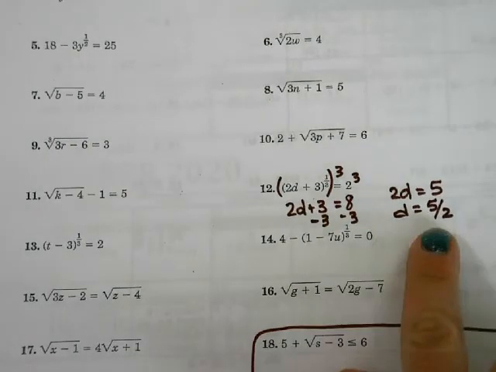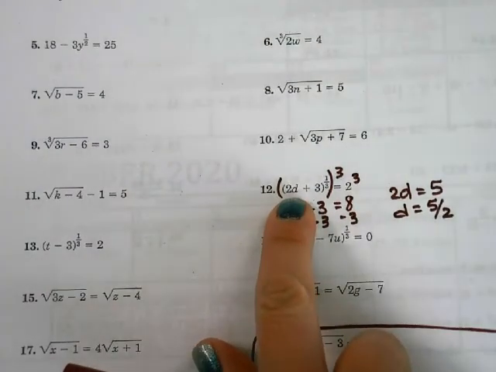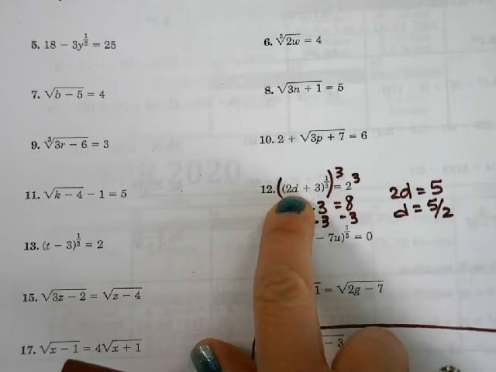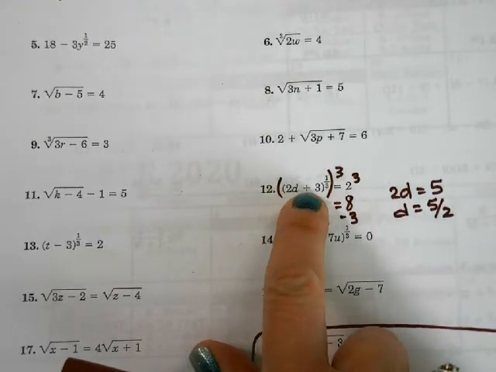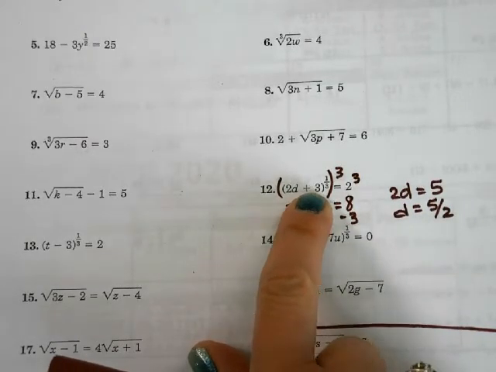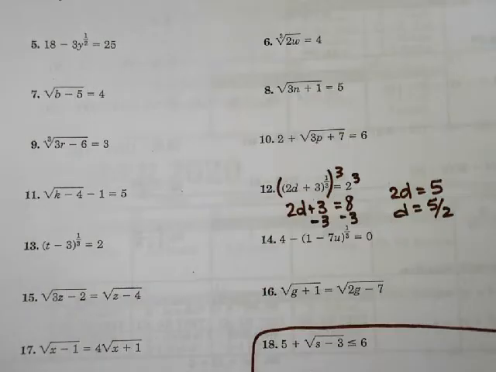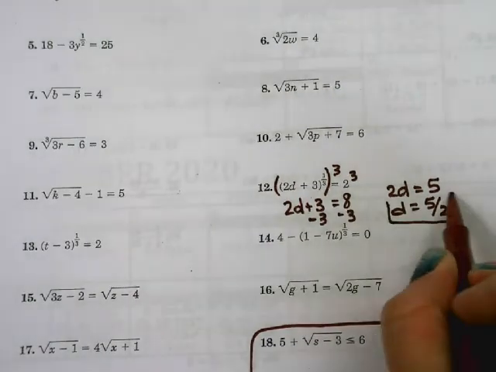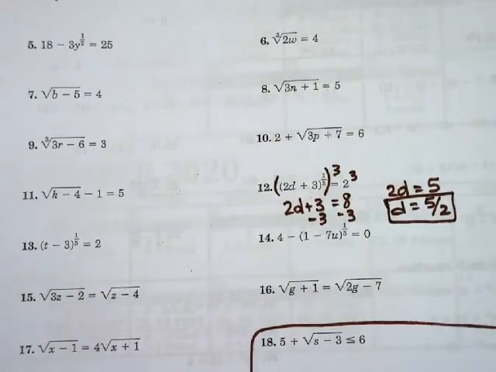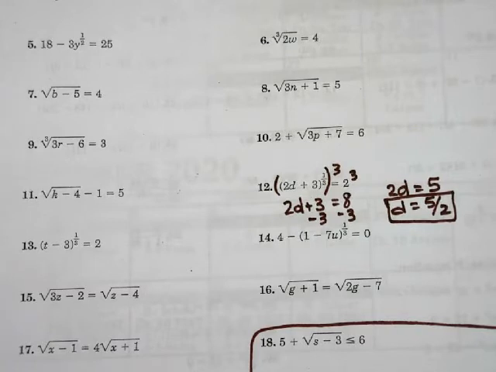Okay, let's plug it in. 2 times 5/2 would be 5. 5 plus 3 is 8. Cube root of 8 is indeed 2. So that one works. Okay, still get the radical by itself, get rid of the radical, solve it, check it.